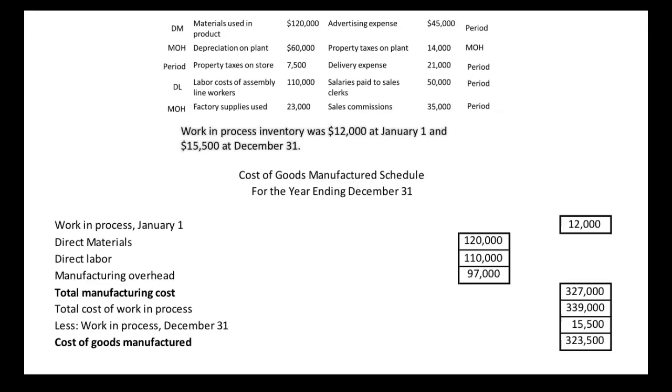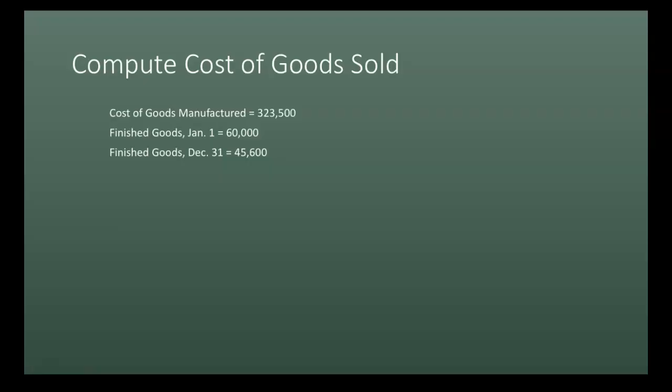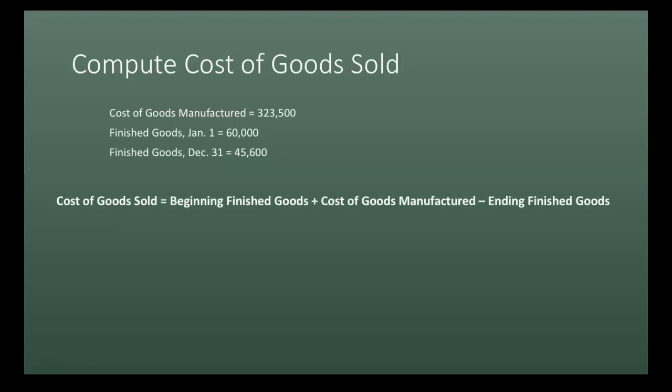So now that we figured out the cost of goods manufactured, we can now use that to compute our cost of goods sold. So our formula that we're going to use here is beginning finished goods plus cost of goods manufactured minus ending finished goods.